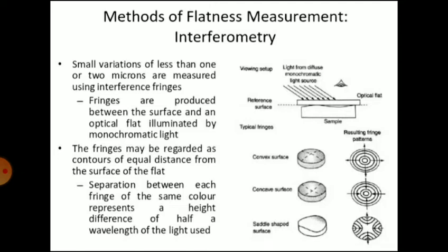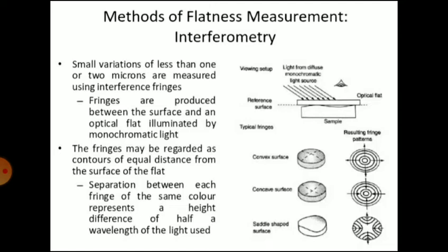Now, methods of flatness measurement. Small variations of less than 1 or 2 microns are measured using reference interference fringes. Fringes are produced between the surface and an optical flat illuminated by monochromatic light.